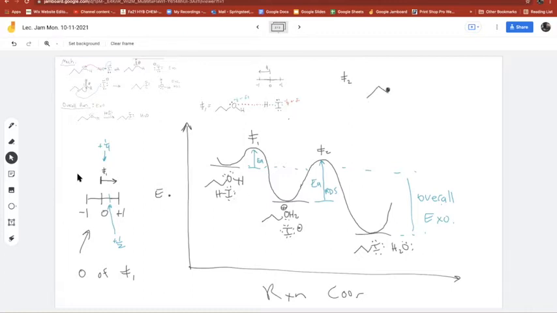But first off, does this transition state 2 look more like reactants or products? Looks like reactants to me.